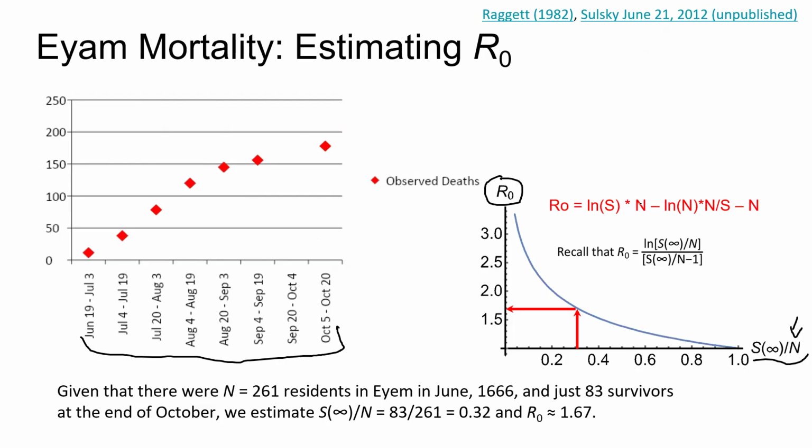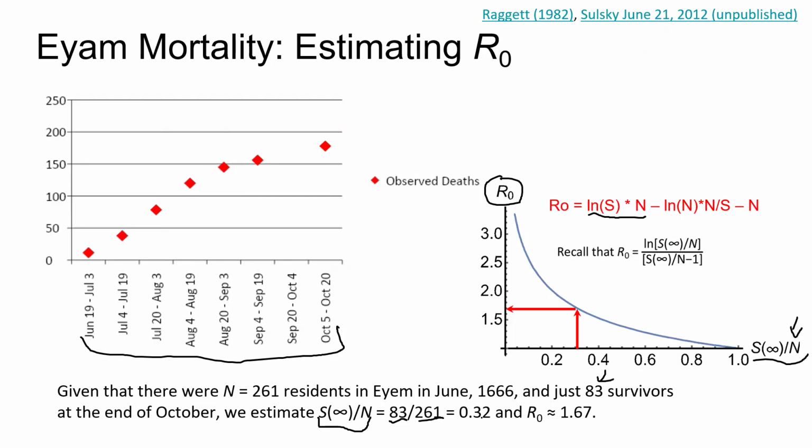We know that R naught, based on some algebra, is in this case a natural log function of the number of susceptible people multiplied by the number of individuals in a population. If we consider how many people were left after the infection, there are 83 survivors. We divide that by the total population.